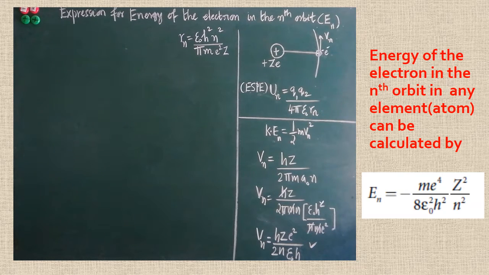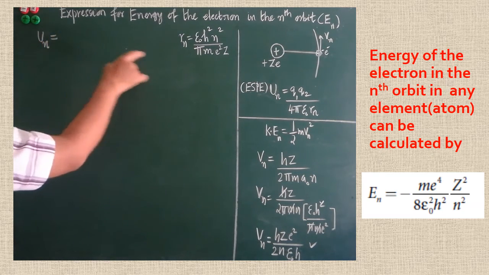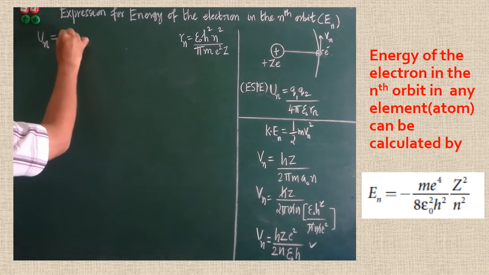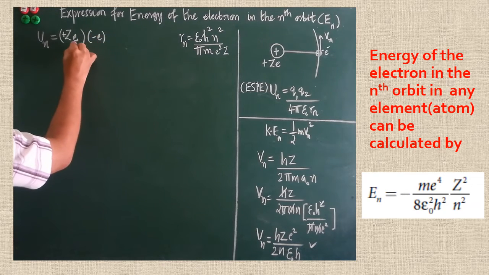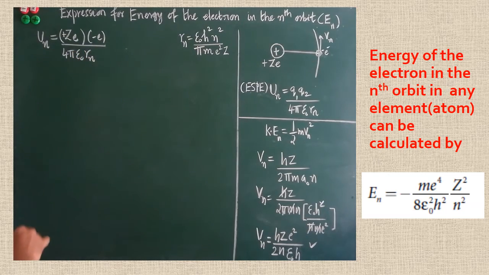Now I am going to use this expression to calculate the electrostatic potential energy. Here Un is the electrostatic potential energy. Instead of Q1 we can write Ze, the charge of the nucleus, and the charge of the electron is minus e, divided by 4 pi epsilon naught Rn. So this is the expression.